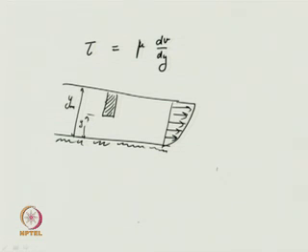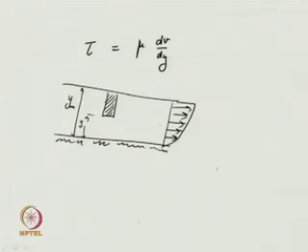So there will be a considerable amount of friction, and that frictional force acts in the opposite direction and opposes the motion of flow in the downstream direction. If you take this elementary strip, it has its weight acting downwards.